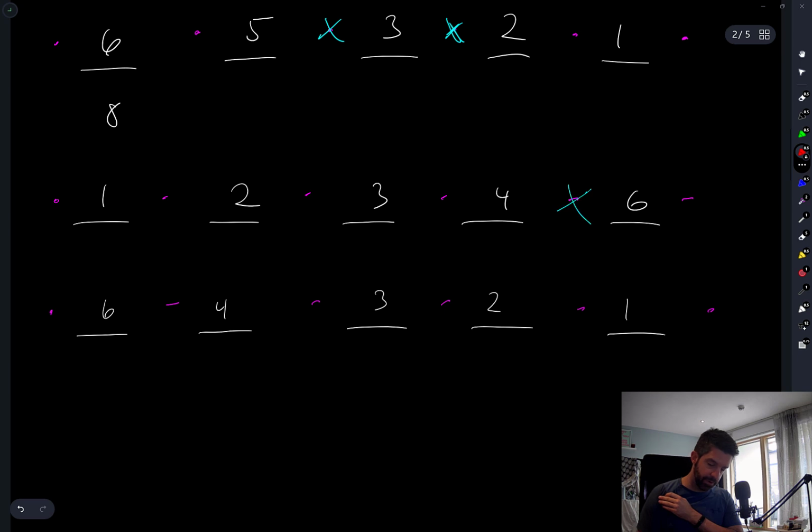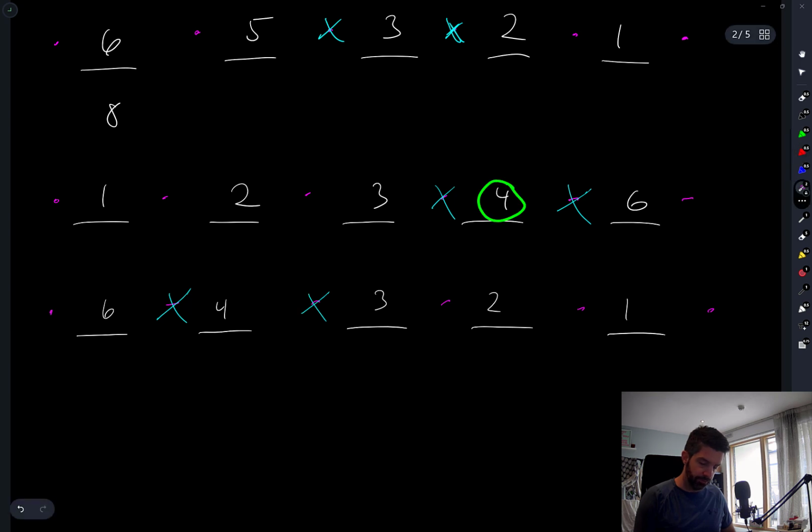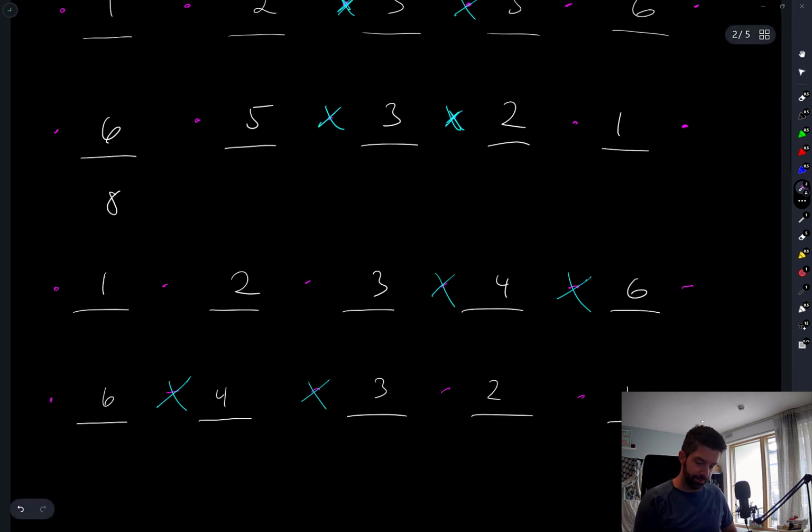So I can't put it there or there because then we get the standard order, which has already been counted. If I put the 5 here or there, then I could instead remove the 4, and that still works. But everything where I am allowed to remove the 4 has been counted.